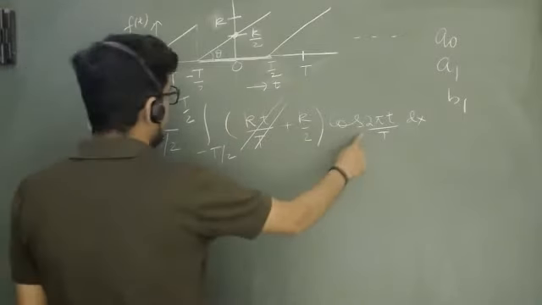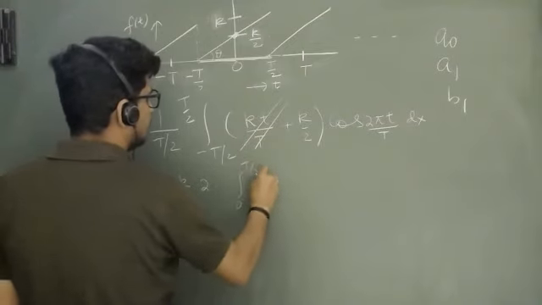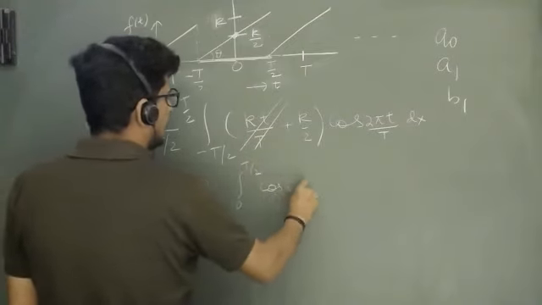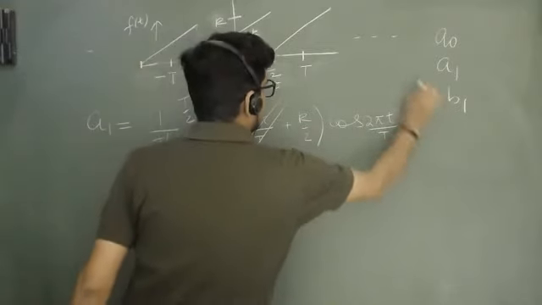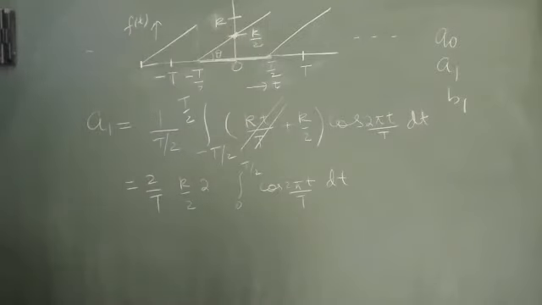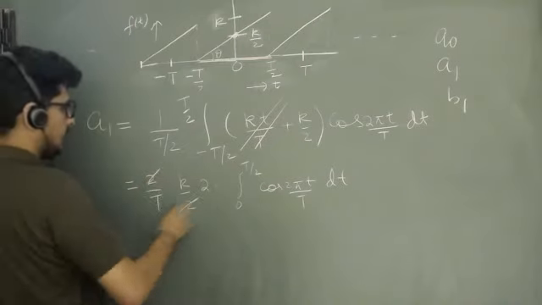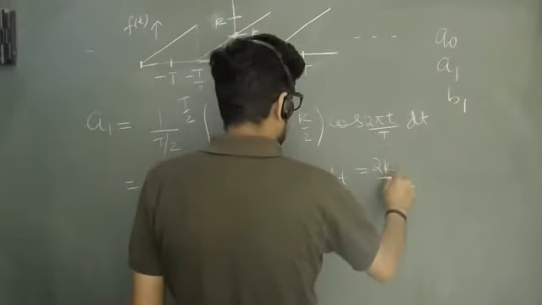Now this is even, so I can write 2 times 0 to T by 2 cos of 2 pi t by T dt. This 2 and this 2 will cancel. It will become 2k by T.